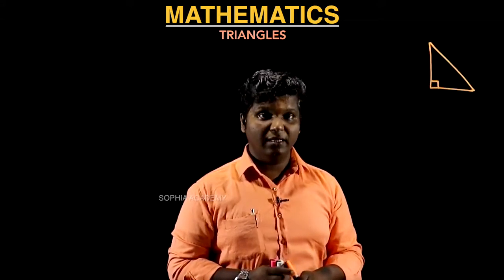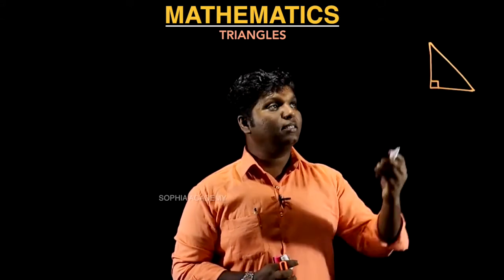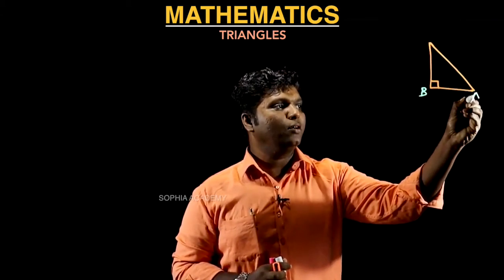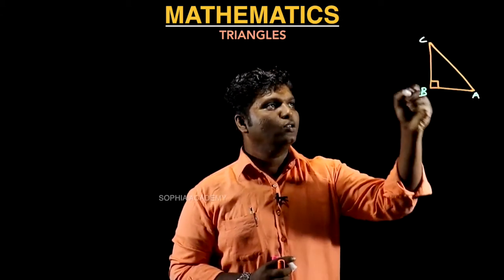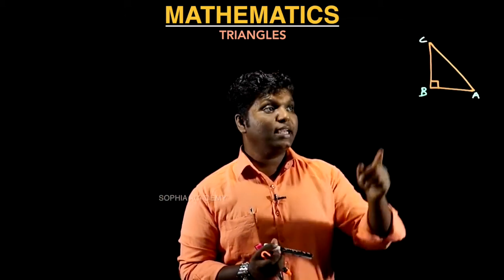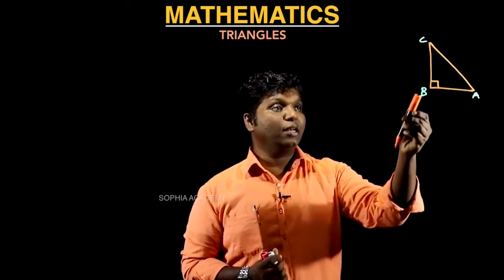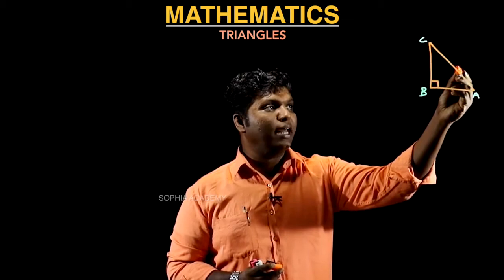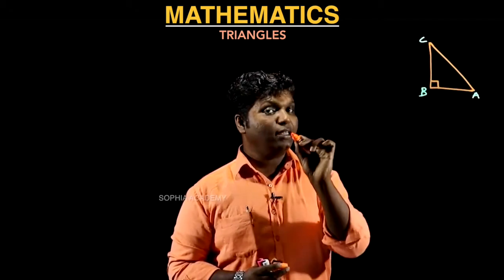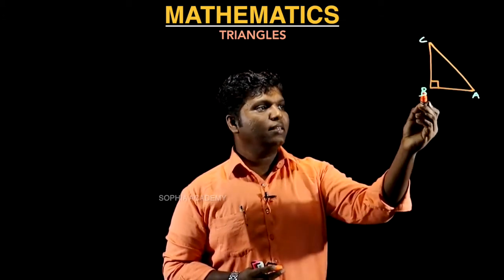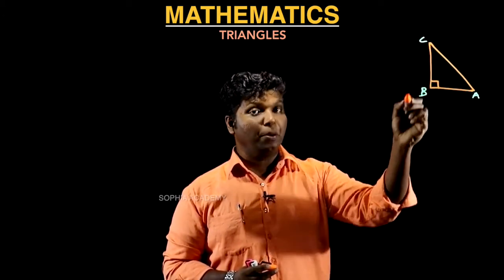Let the vertices be named B, this is your A and this is your C. So ABC is a right angled triangle, and at B it is right angled. You know that the side opposite to the 90 degree is the longest side, which we call the hypotenuse. Then this side is the base, and this is the perpendicular.